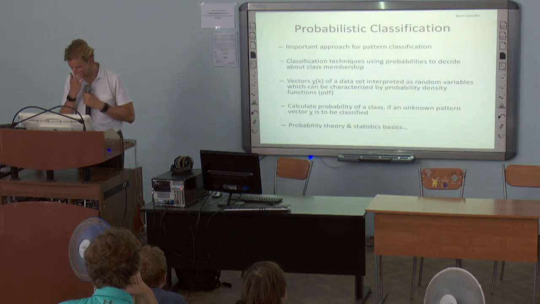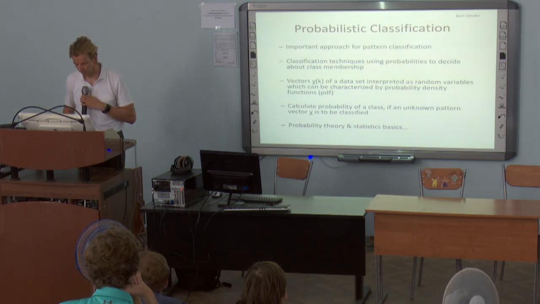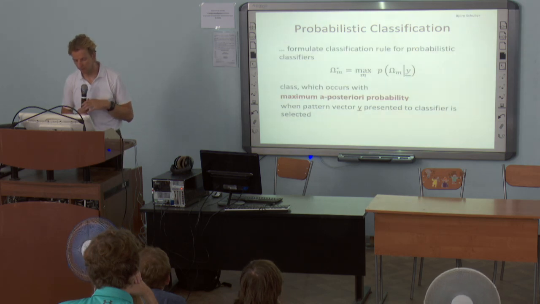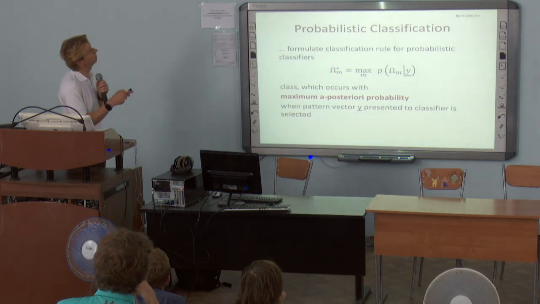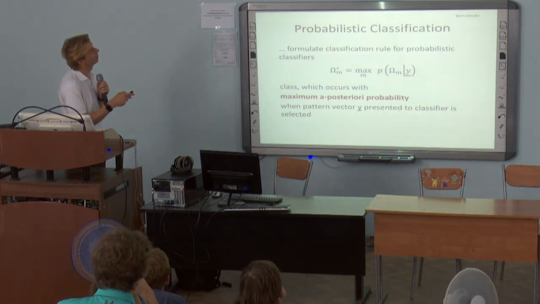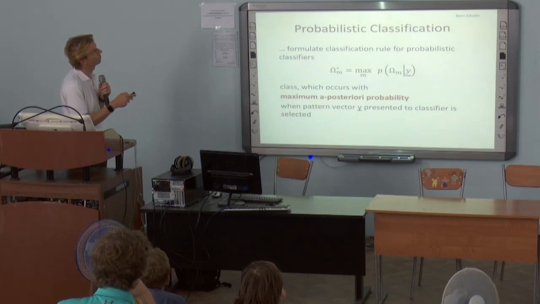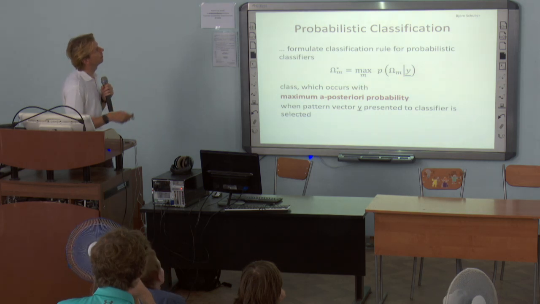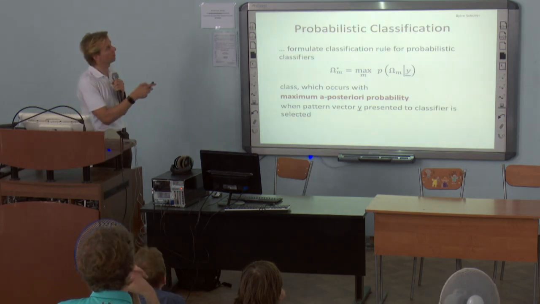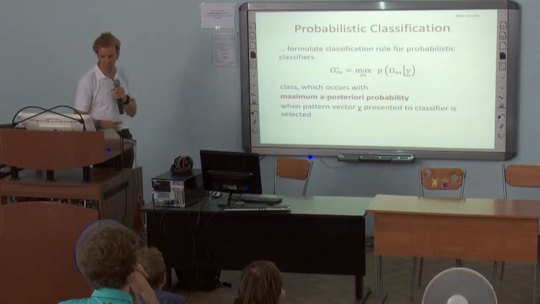So the idea, maybe just quickly, is that we want to use statistics to learn class membership based on probabilities, and we're starting with maximum a posteriori probability, where we learn the probability of a class membership given, or depending on, the observation. We're choosing the class which maximizes this for m, where m is the class index. So basically, that's our starting point, but the problem is that we cannot easily determine this probability from data.